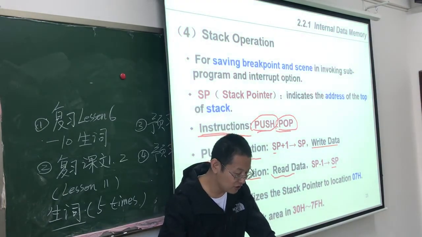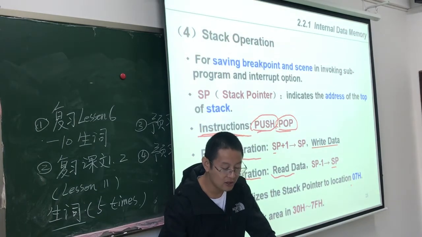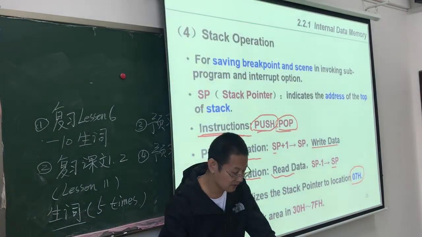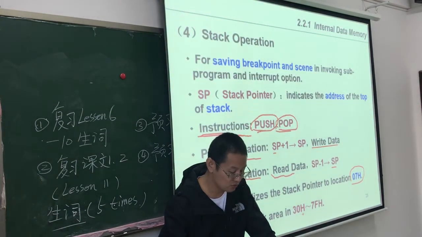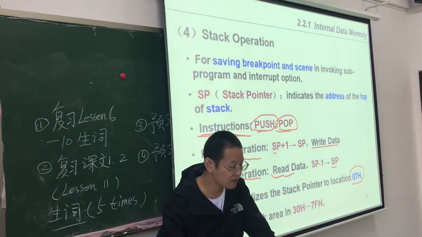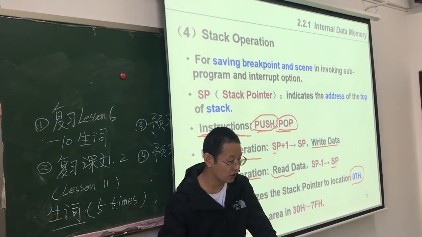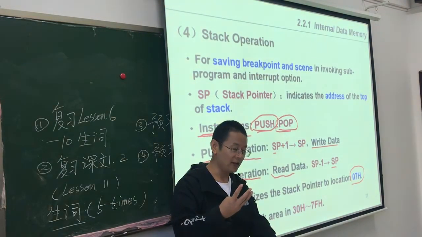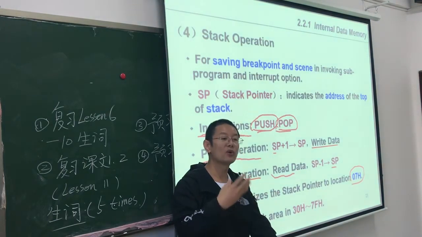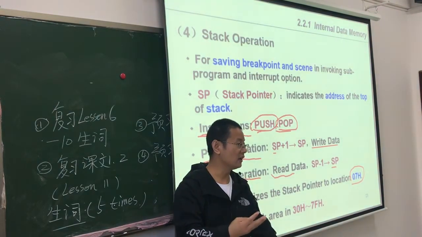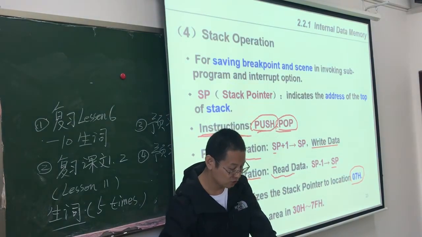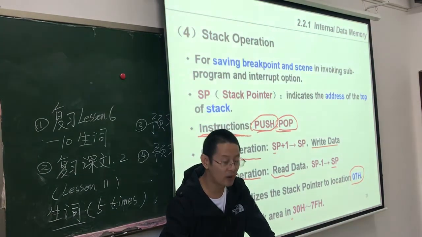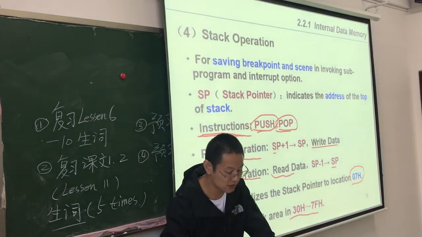Reset initializes the stack pointer to location 07H. Often we set the stack area in 30H to 7FH, which means in your initializing program, you need to set the SP to a value in 30H to 7FH.